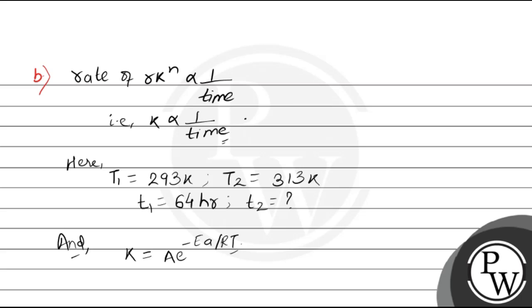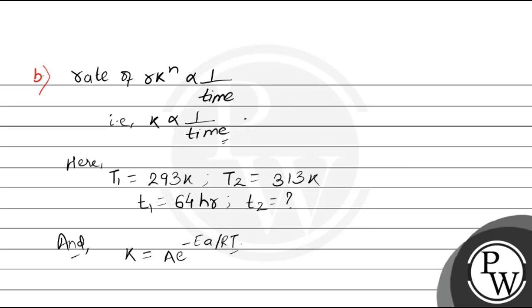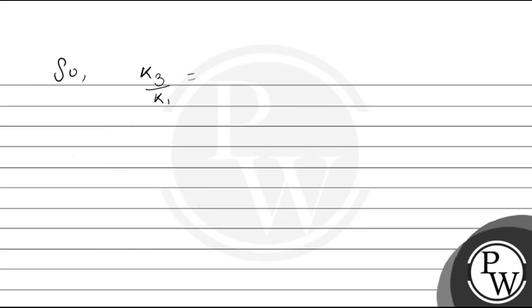So K3 upon K1 is equal to e to the power E upon R into (1 upon T1 minus 1 upon T3).